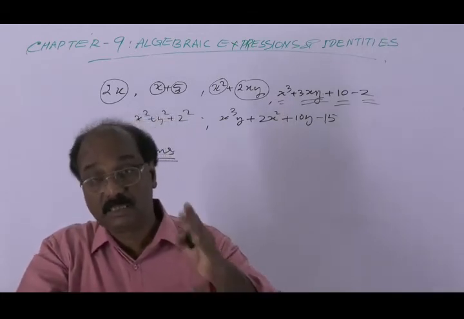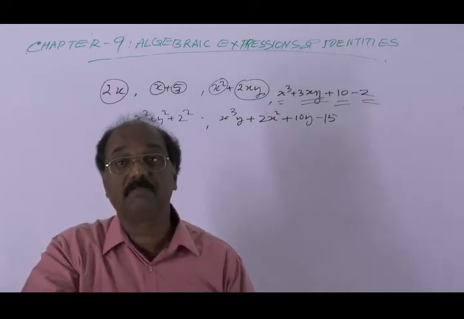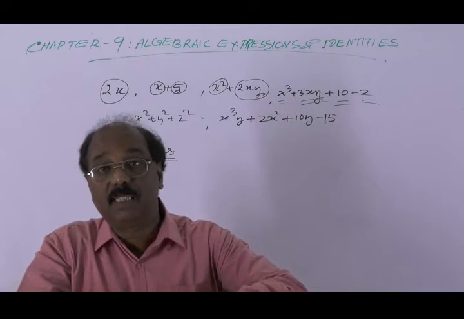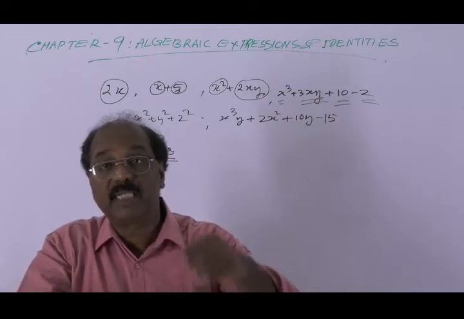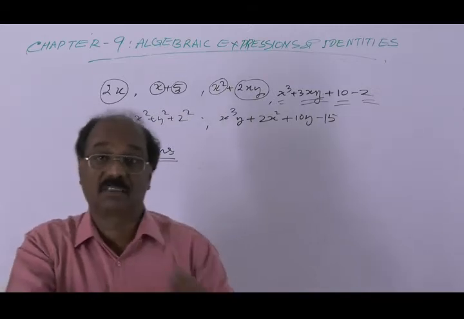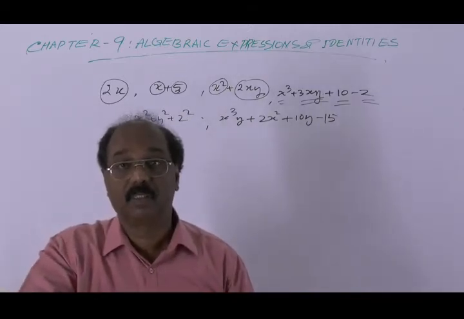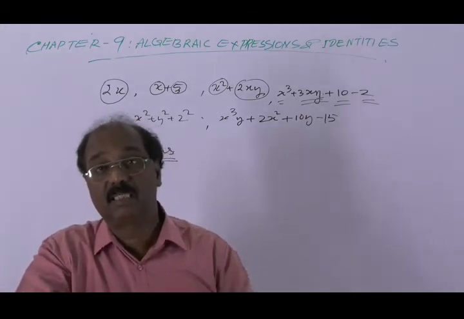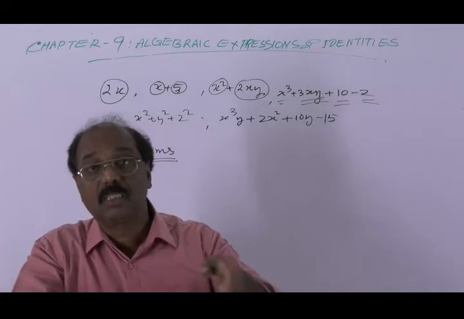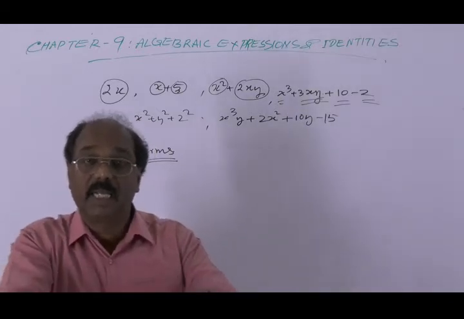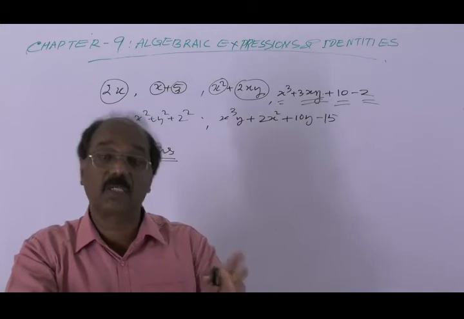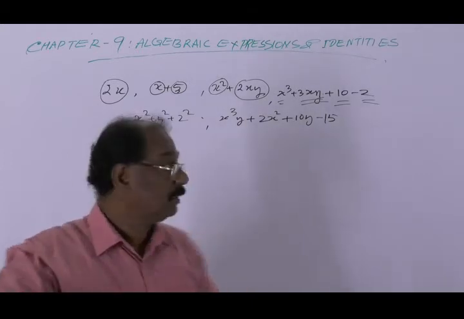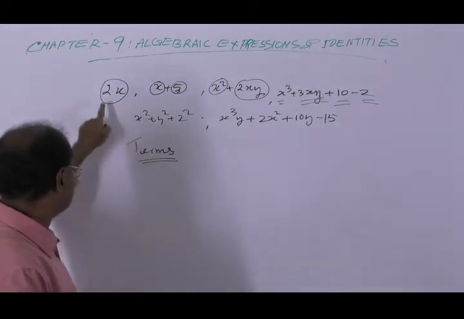Now consider a term of an expression. A term itself is formed by the combination or product of variables and constants. So consider 2x.